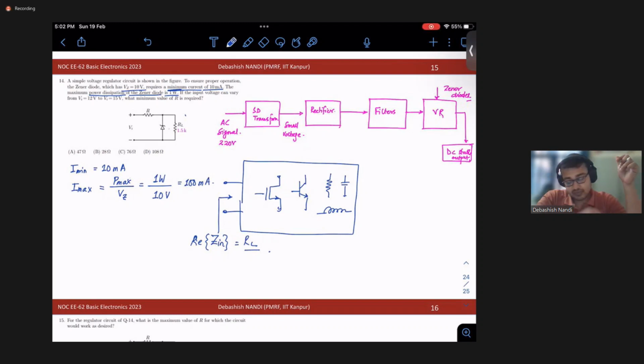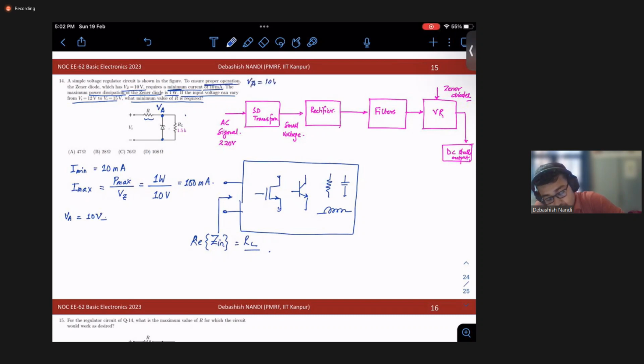Now the question is, if your input voltage can vary from this, what is the minimum value of R required? What is the R minimum required? This voltage VA is nothing but your 10 volt for the Zener diode to operate properly.